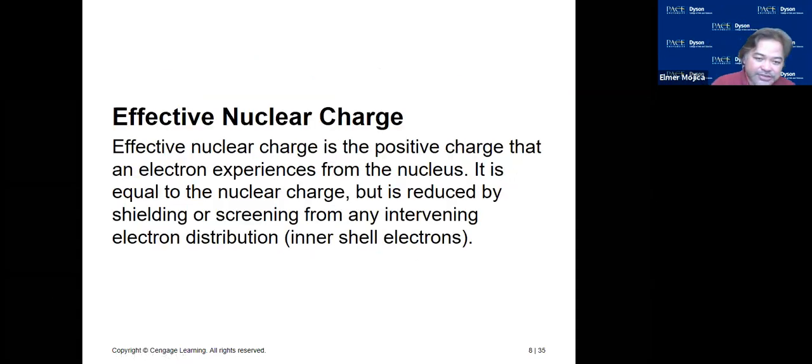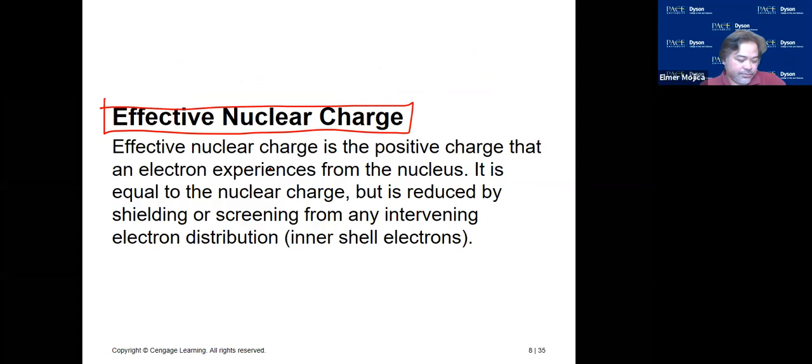Now, there's still another one, the so-called effective nuclear charge. This is the positive charge that an electron experiences from the nucleus. It is equal to the nuclear charge, but is reduced by shielding or screening.